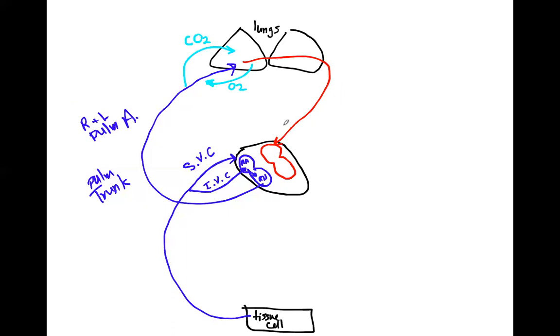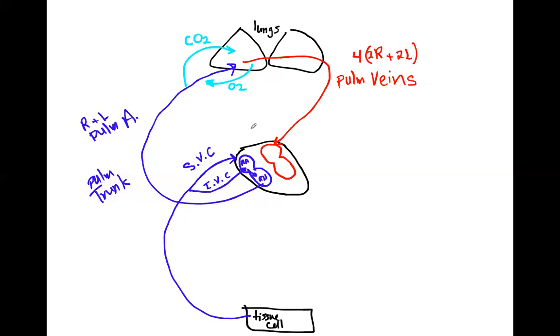What is the name of the blood vessels that are coming here? They're called what? Pulmonary veins, because they're coming from the lungs and going back toward the heart. How many do I have? You have a total of 4. 2 of them are from the right-hand side, and then you have 2 from the left-hand side.